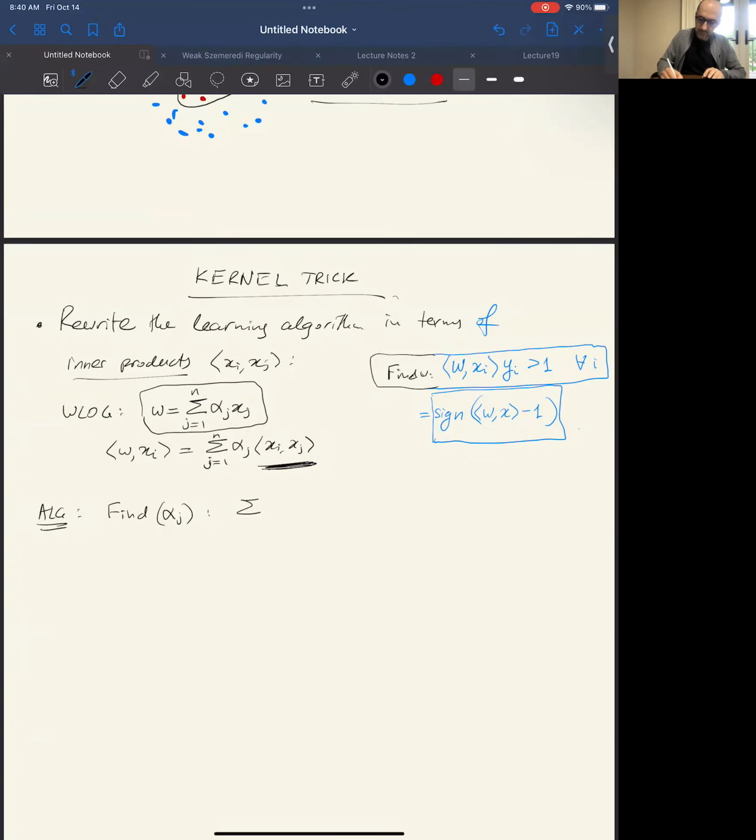So W xi, that's this, times yi. I'm rewriting this now: yi times the sum of alpha j xi xj is greater than 1 for any i.